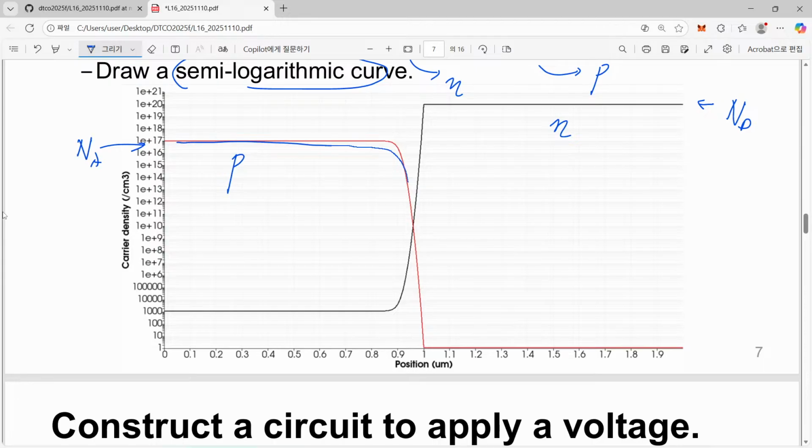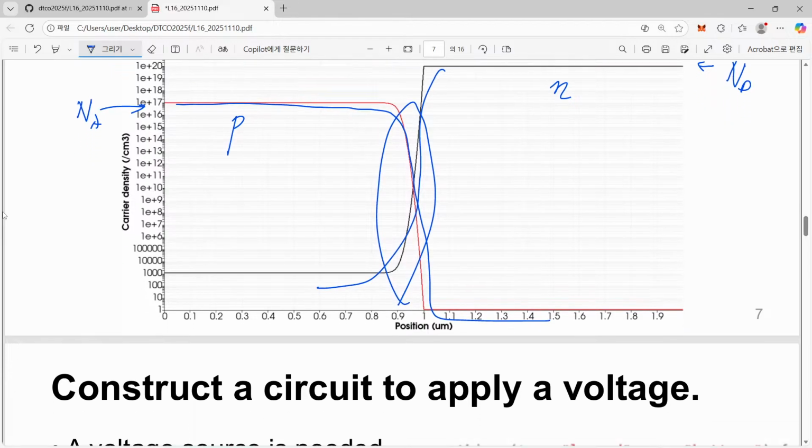After that it goes down and also goes down, and here we have a depletion layer. This is quite a simple textbook example, but the important thing is you should be able to draw these graphs by yourself to be able to analyze our structure.